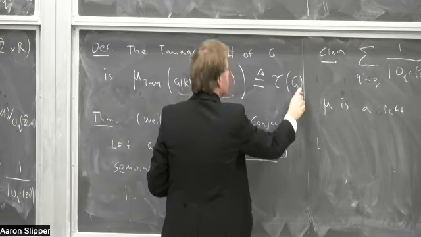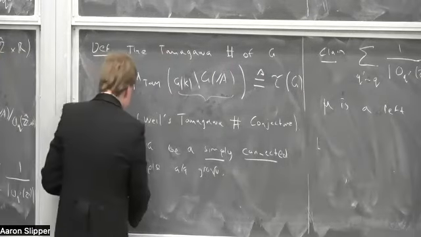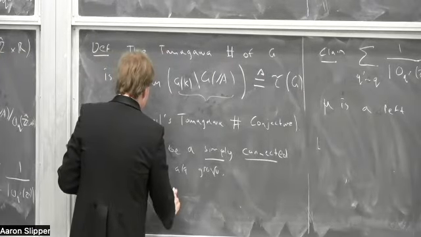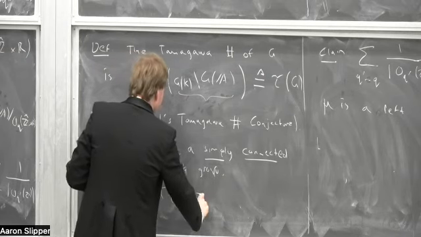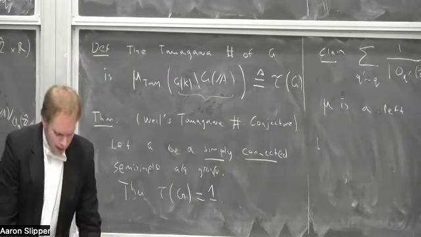The Tamagawa number is almost always denoted tau of G. Then tau of G is 1.